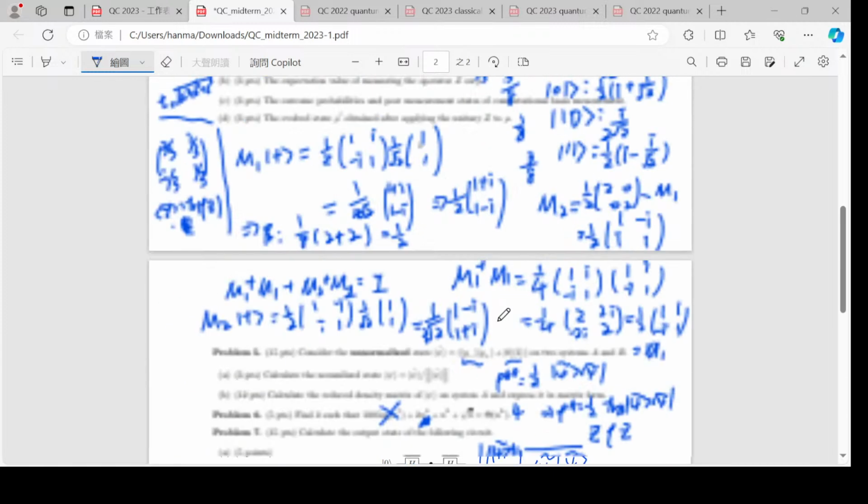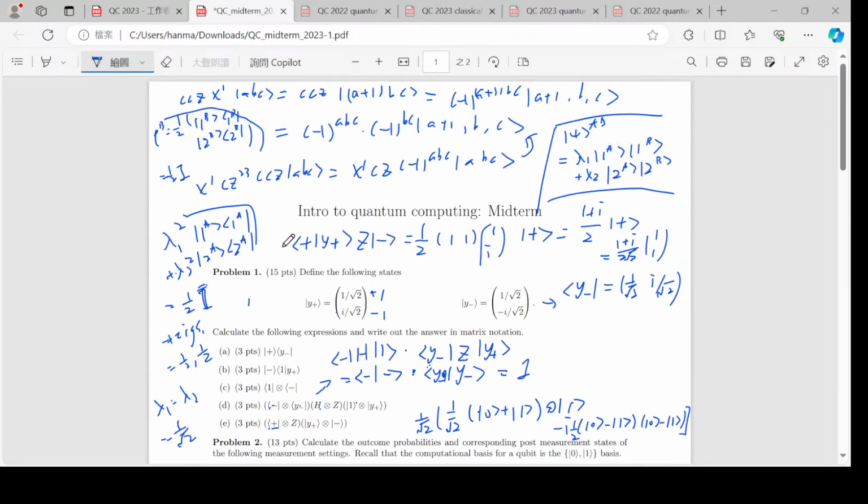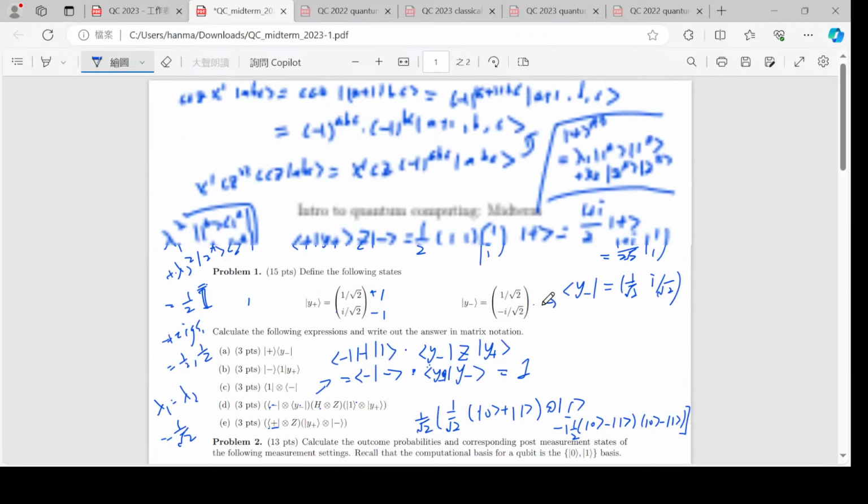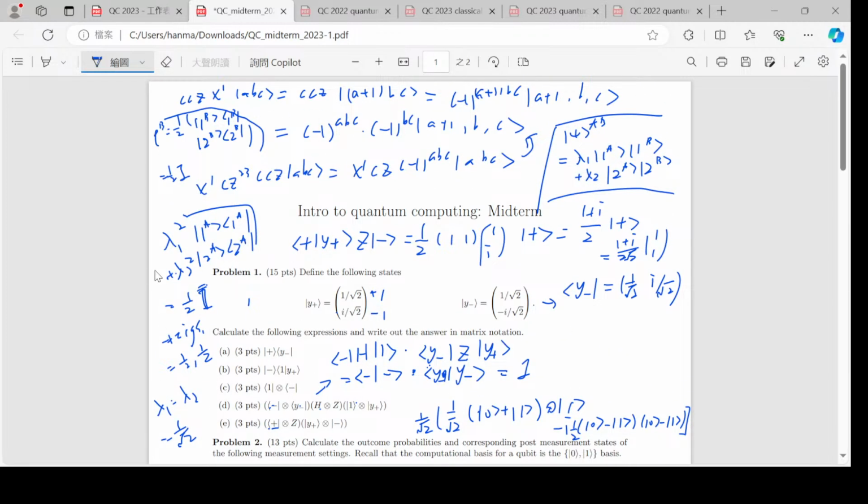And anyway, we're actually seeing a lot of this state. So what is this state? Actually, the state is 1 over square root 2, 1 over square root 2. I've seen it a lot. So they are actually EPR pairs. Okay, Bell states, something. They are all similar.